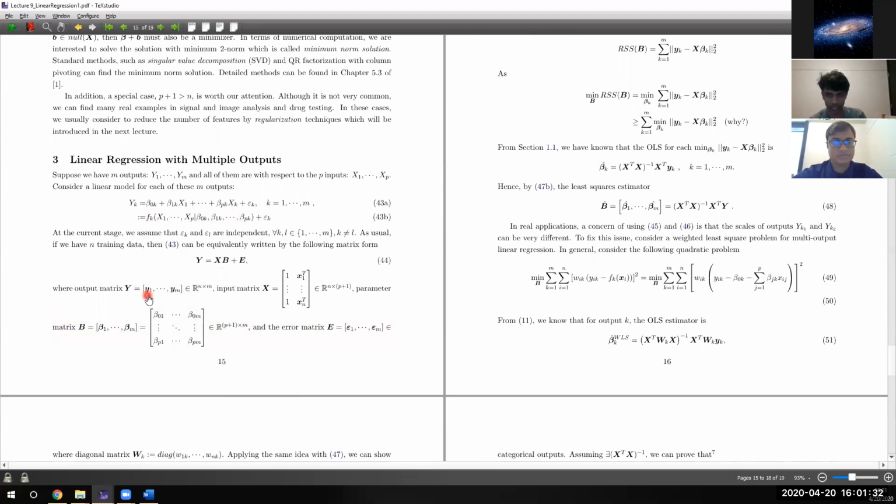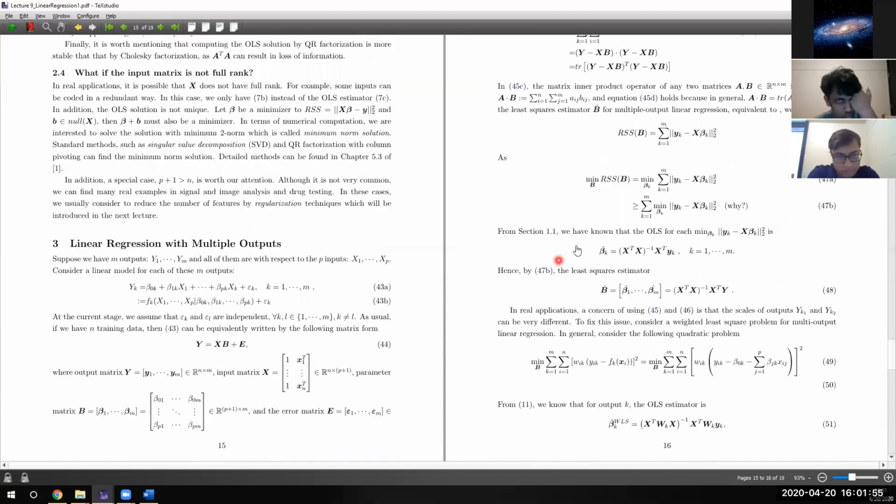All these are vectors: y1 vector, y2 vector, up to yn vector. This is R^(n by m). I assume I have n observations. I have m outputs in one sample, and I totally have n samples. And this epsilon is the noise.